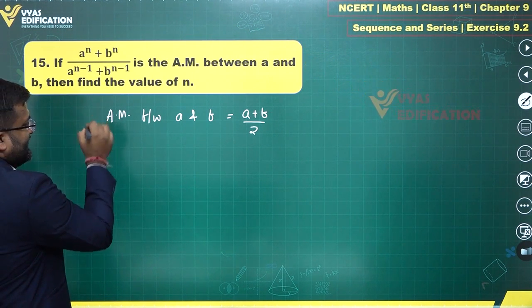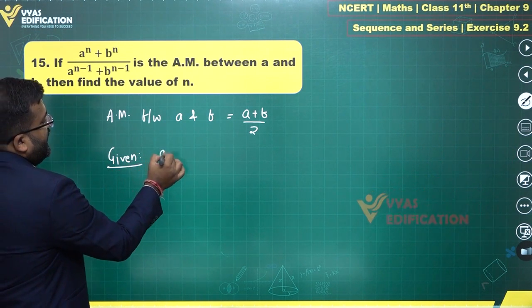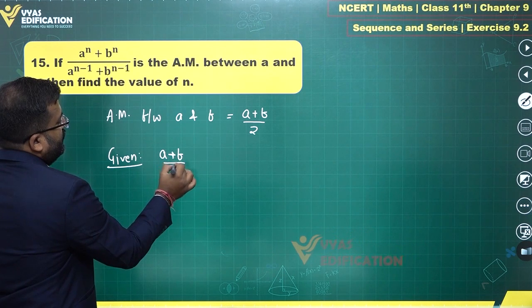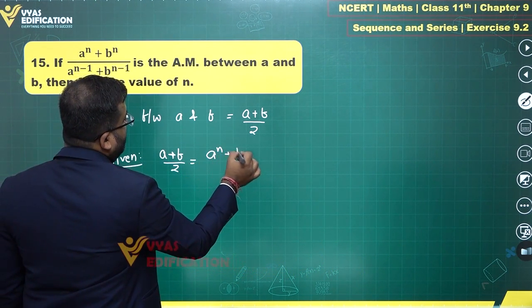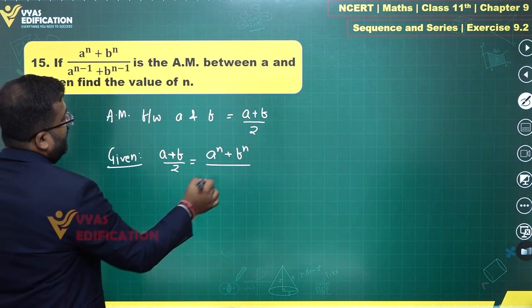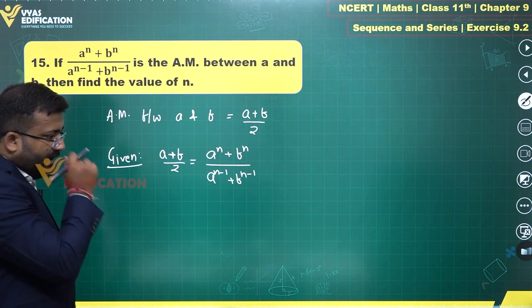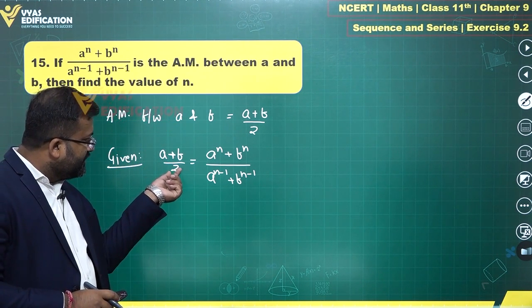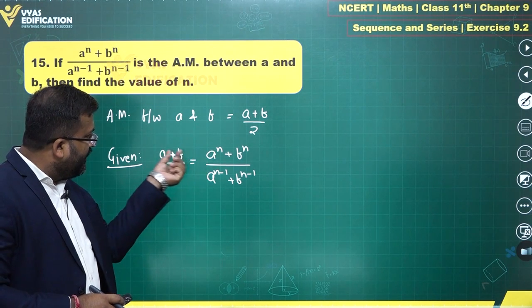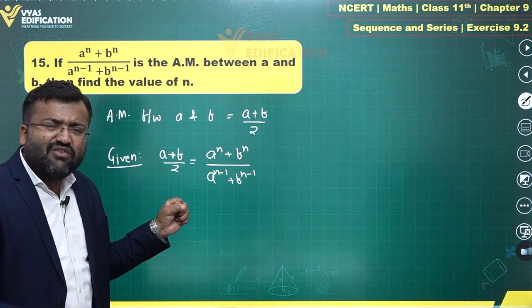It is given that (a + b)/2, this arithmetic mean, is equal to (a^n + b^n)/(a^(n-1) + b^(n-1)). So one is a simple comparison. What you can do is, you can see that this becomes 2, and since a^n is equal to a, we can simply compare and say n seems like 1.